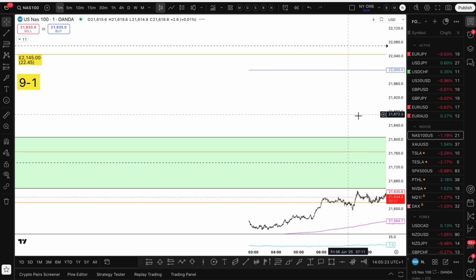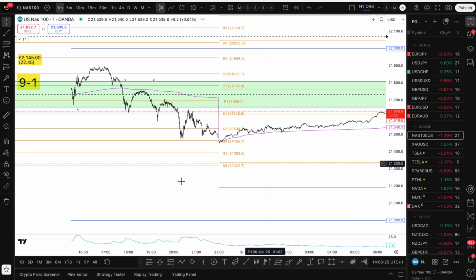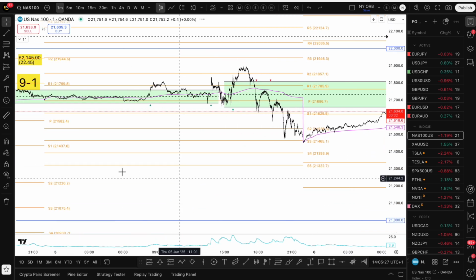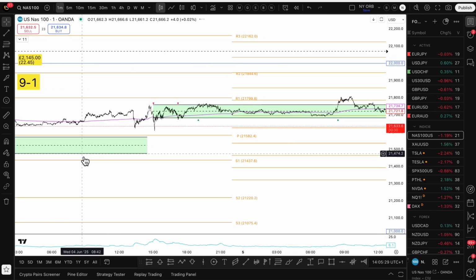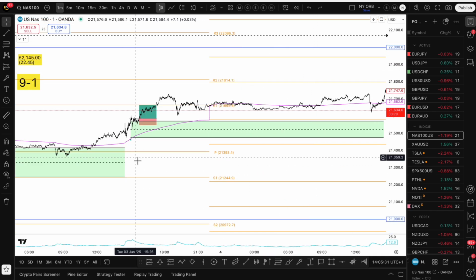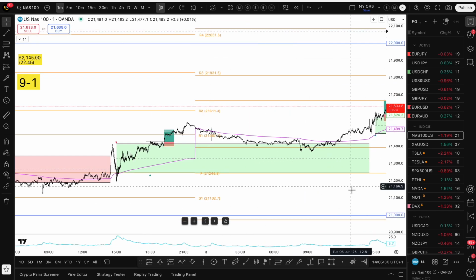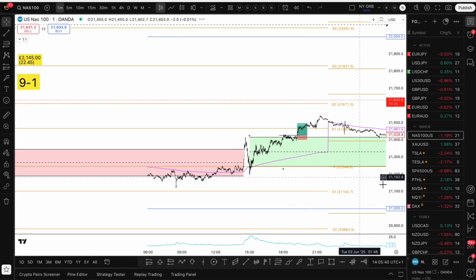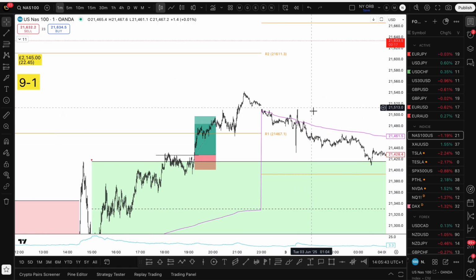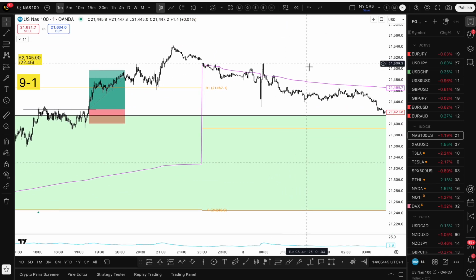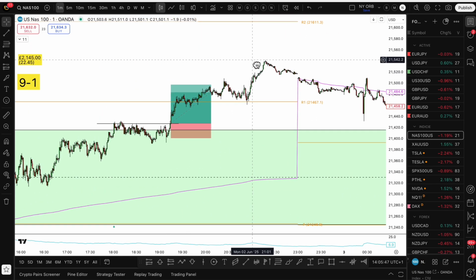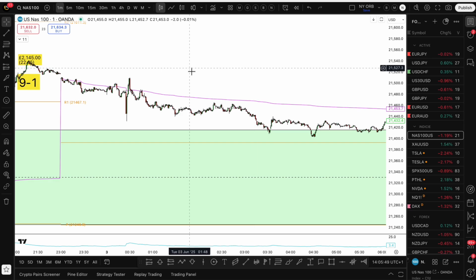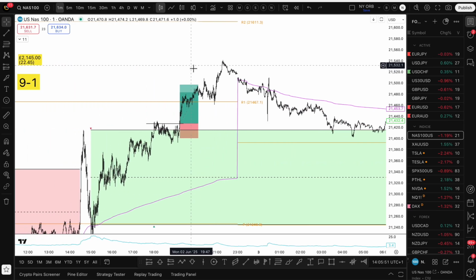Now it's also worth mentioning, you may see a short position in here, but I tend to only take long entries, and that's why you will see some days on here as we go through June that I've not placed any trades, because the Nasdaq at present, if you look at it in the higher time frames, 4 hours, days, week, month, you will see it's in a strong upward trend.